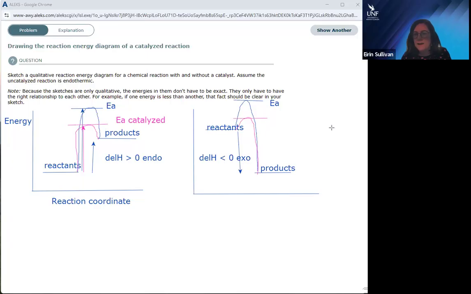That will be your catalyzed activation energy, which is less than your uncatalyzed reaction. So the actual amount of energy required to overcome the activation energy will be this amount to go from the reactants to the products. All right, so hopefully that is helpful for you.